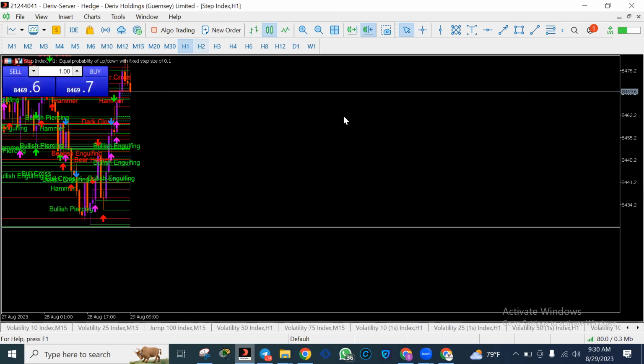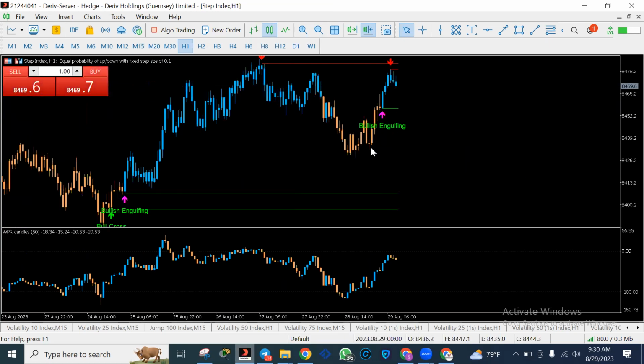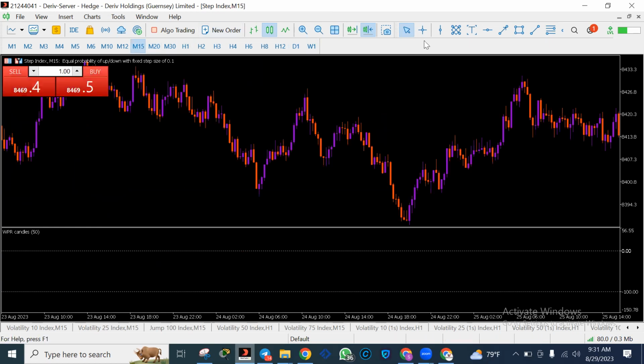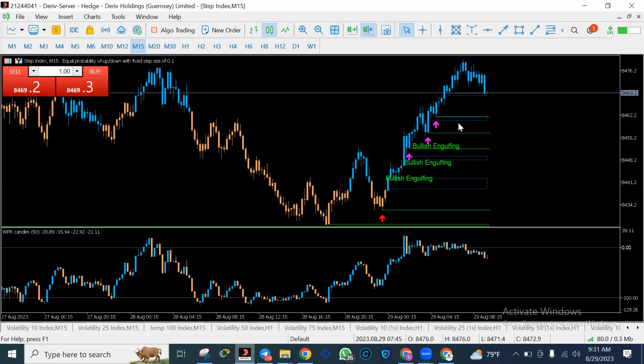What trend are we on step index? Of course, we are bullish. And this still makes so much sense. Everything is looking good. So you can use a lot of confirmation just to make sure that you're on the right track.